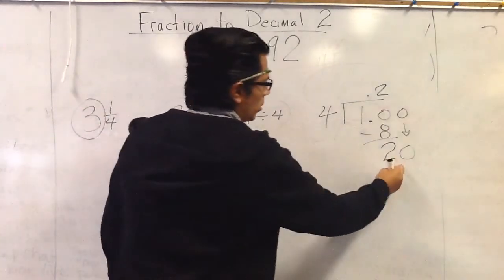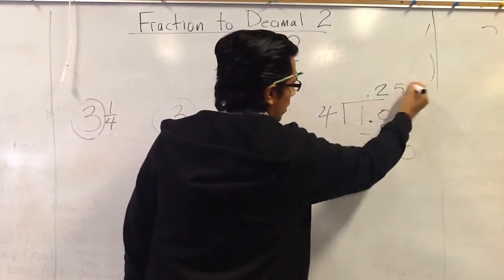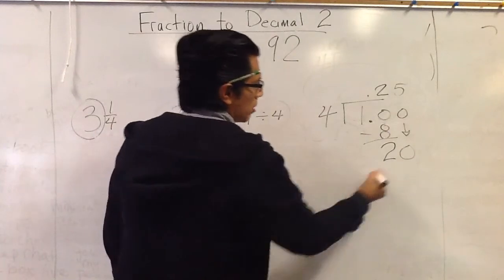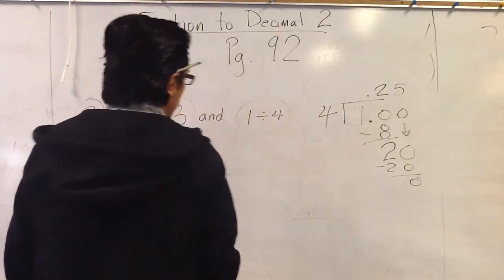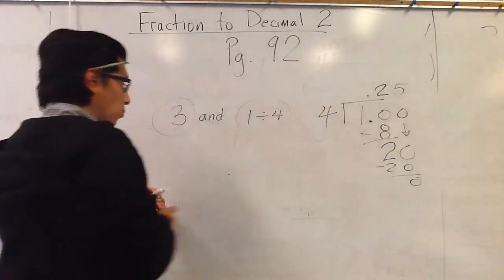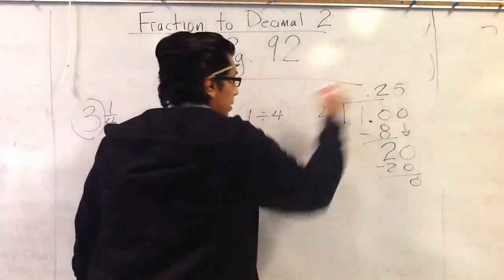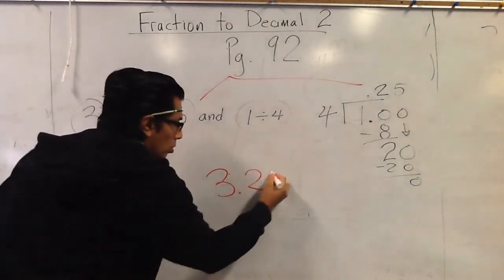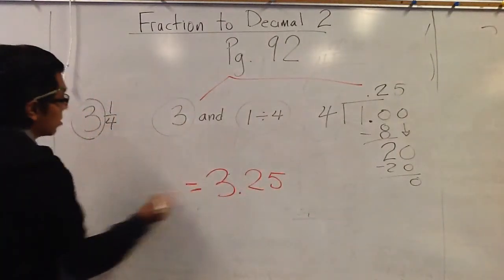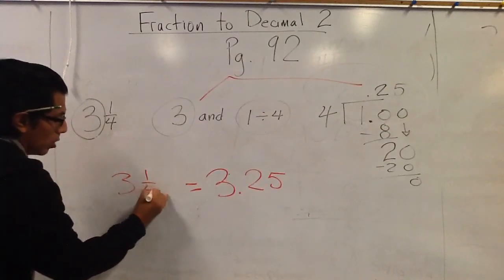Yes. 20 divided by 4 is 5. And now I have my answer. So yes. But don't forget, put it back together, and you would get 3 and 25 hundredths is the same as 3 and 1/4.